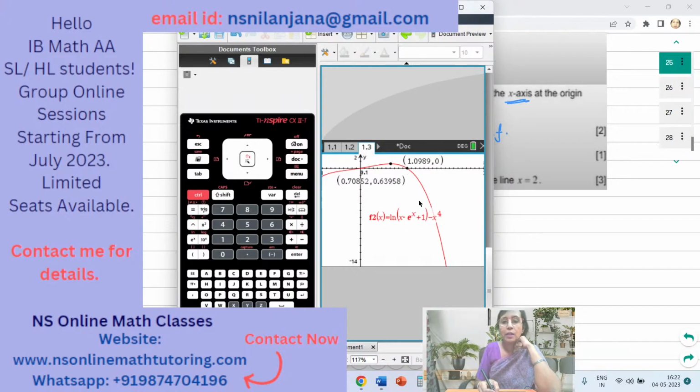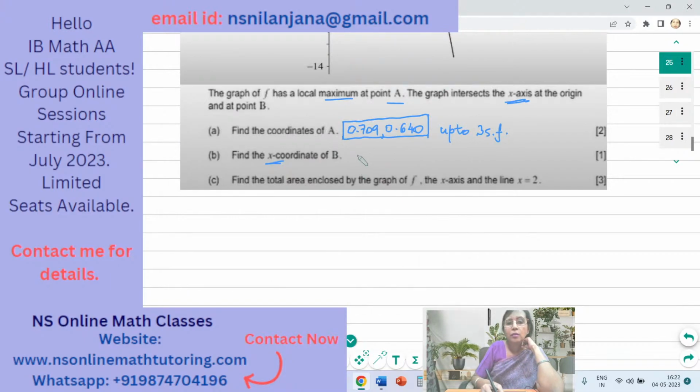Up to 3 significant figures, it is 1.098, therefore I have to write it as 1.10. Okay? 1.1. That is subpart B.